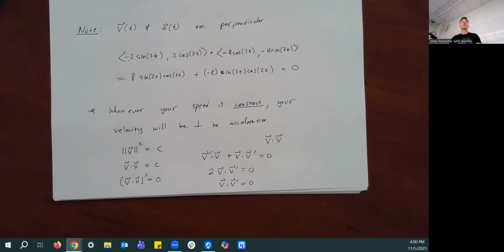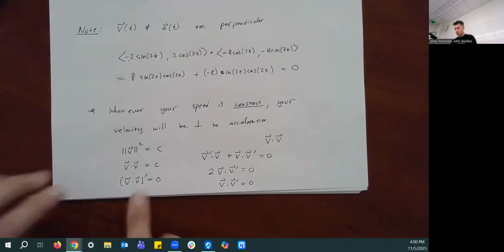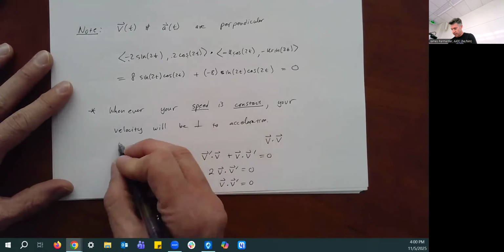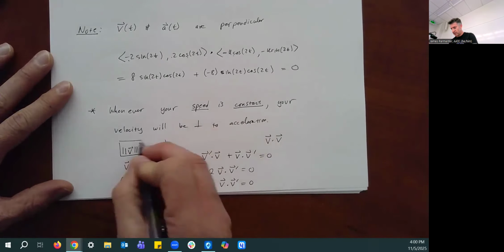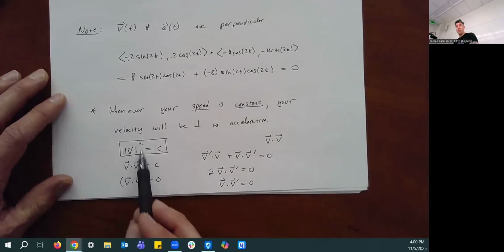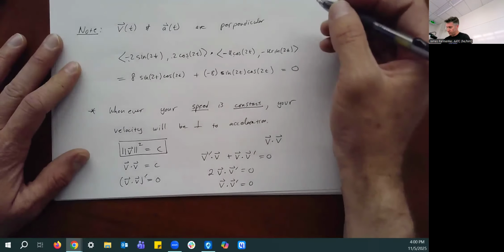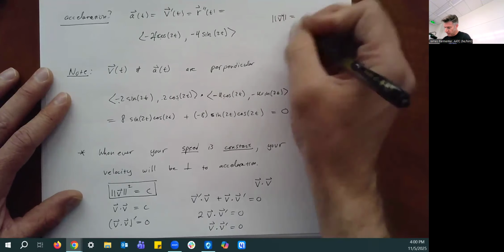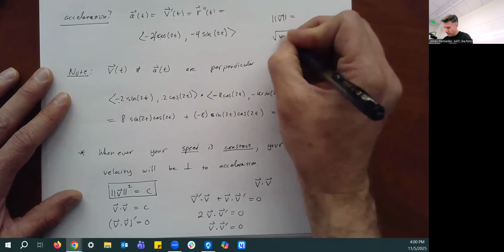Good. Let me walk through that again because I can see some slight confusion. We're starting with the fact that we said the speed was constant. Because if something's constant, its square is also constant. But then the magnitude of a vector, I'll remind you that the magnitude of v is just the square root of its components squared and added together.